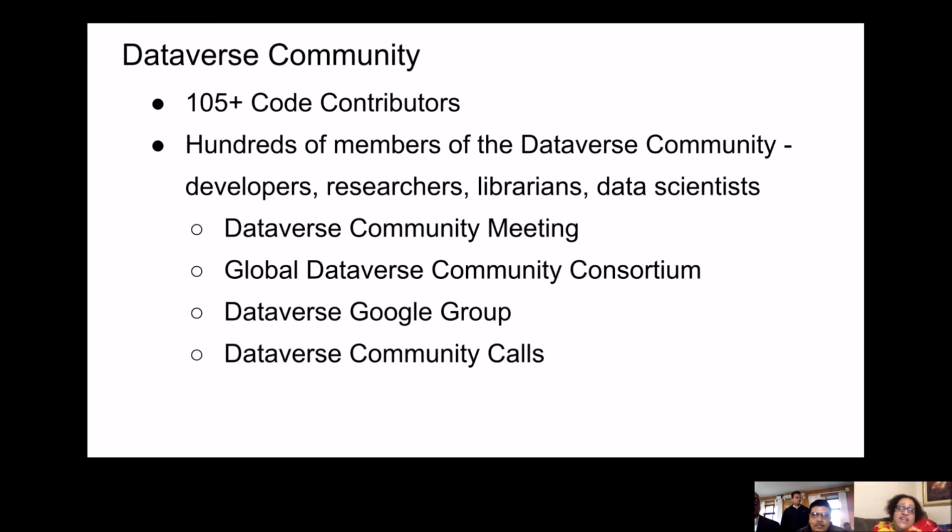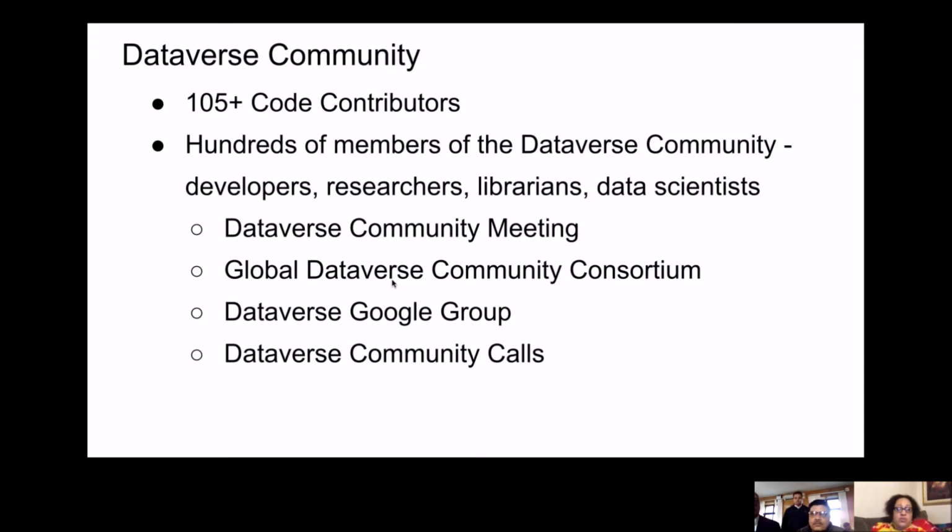We have our yearly Dataverse community meeting. This June, the week of June 19th, we have a Dataverse community meeting here at Harvard University. It's a 3-day meeting, and if you're interested in having an installation, it's a great meeting to send a representative to.